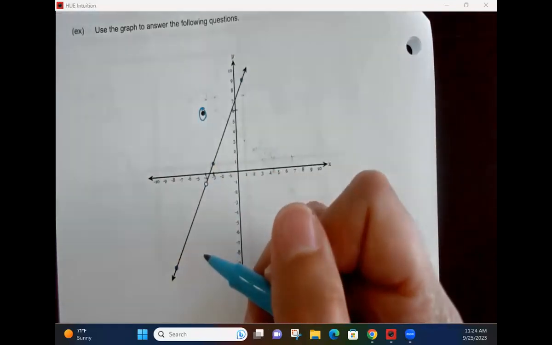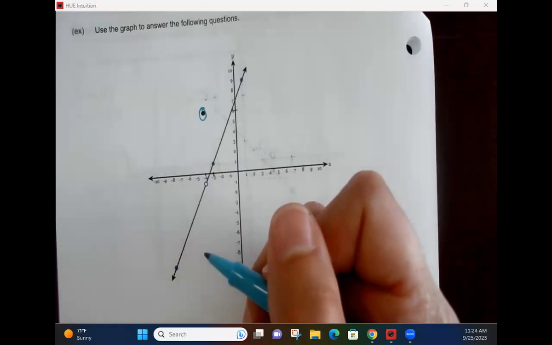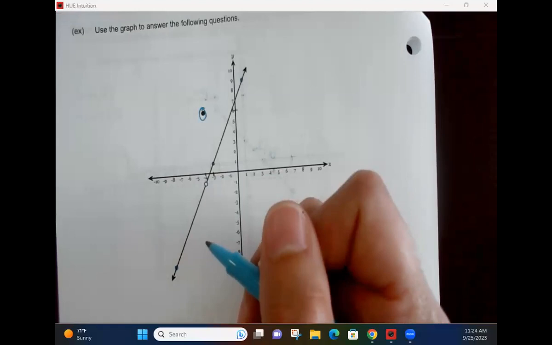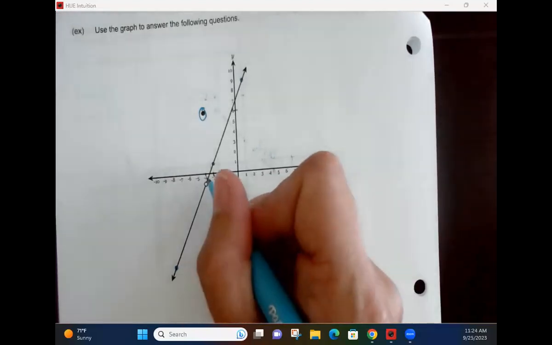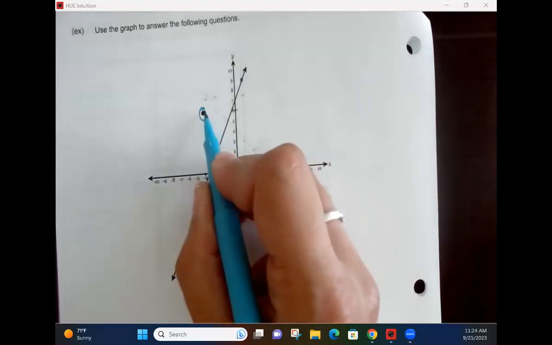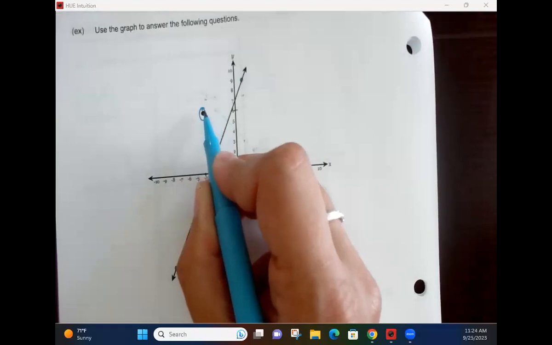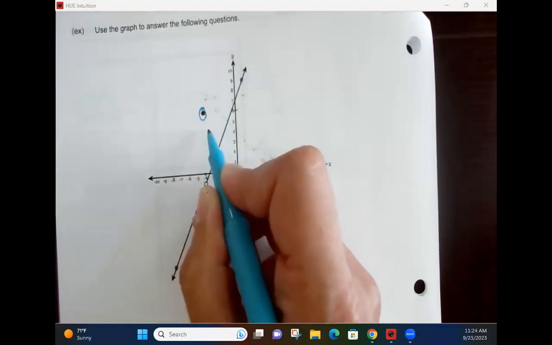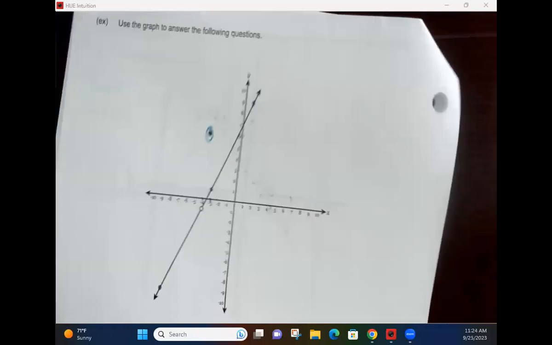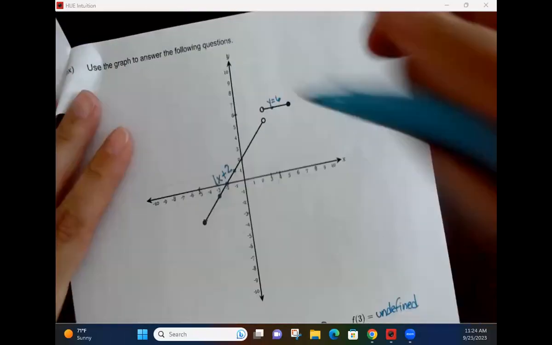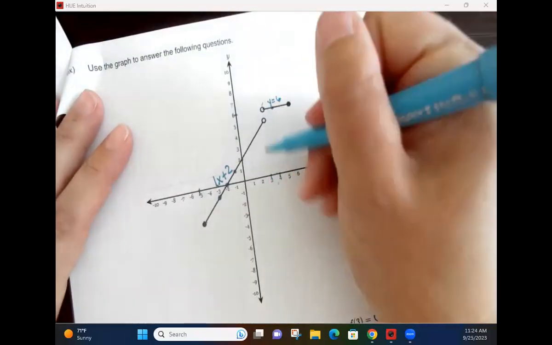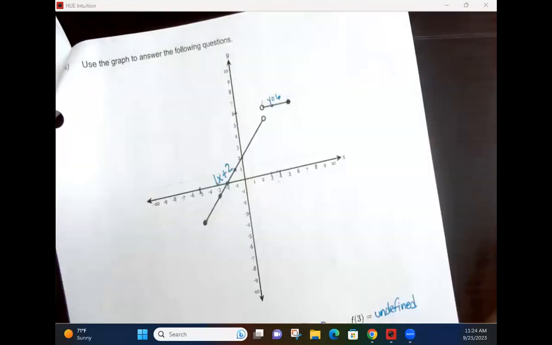But we only split up the domain if I have an x value that I don't have a point for. Do I have a point when x is -4? Yeah, we do. It's in a weird spot, but I have that point. So x is defined at -4. Unlike our last example, where I did not have a point when x was 3, so we had to split it up.